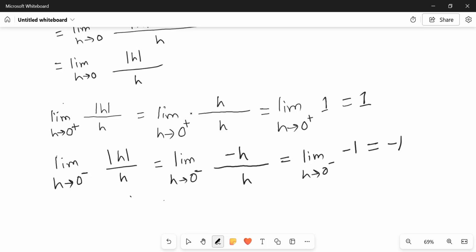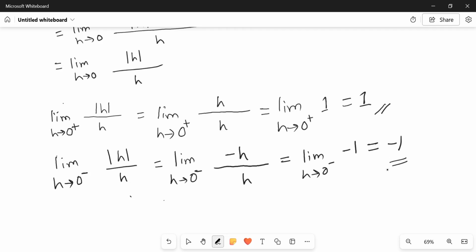Here we can see that our right derivative is positive 1 and the left derivative is minus 1. So we get two different one-sided limits here, and the one-sided limits are not equal. One is positive 1 and the other one is negative 1.